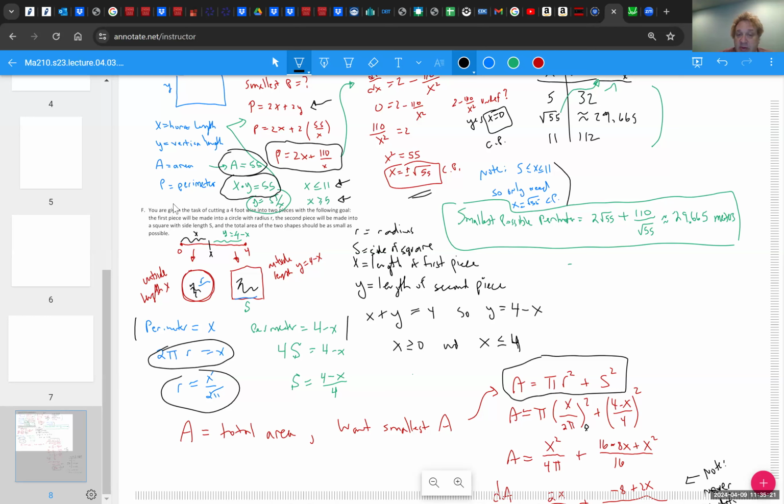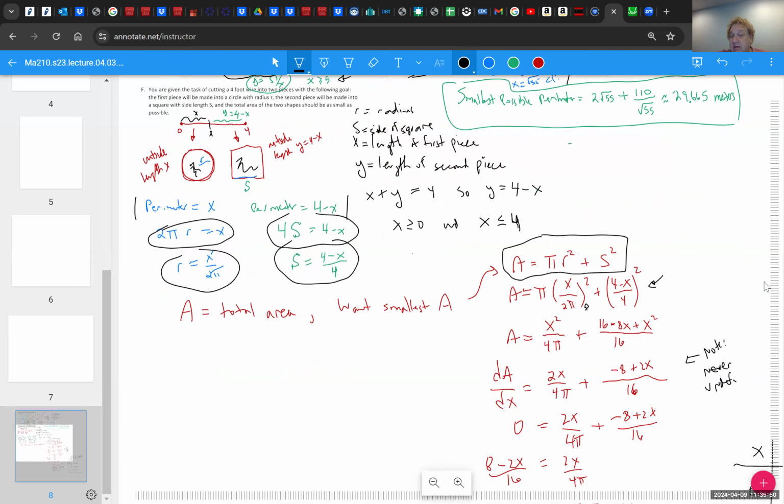Perimeter is 4 minus x, but the perimeter of a square is just side plus side plus side plus side, or 4 times the side is equal to 4 minus x. And I solve for s, which is 4 minus x over 4. And I put that into this equation right here. So instead of s squared, I have 4 minus x over 4 squared. So that is my equation for the area, written in terms of just two variables, x and A.